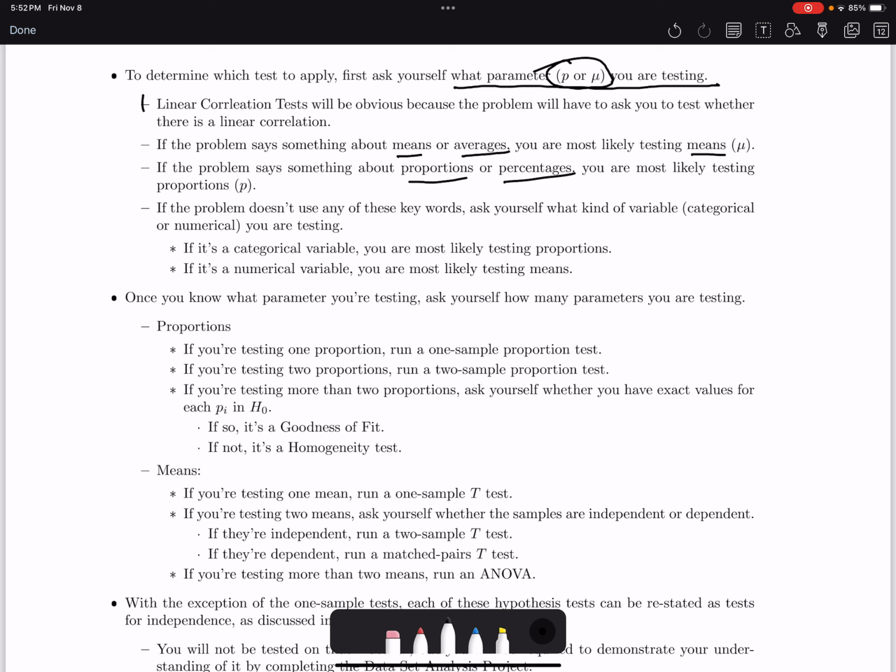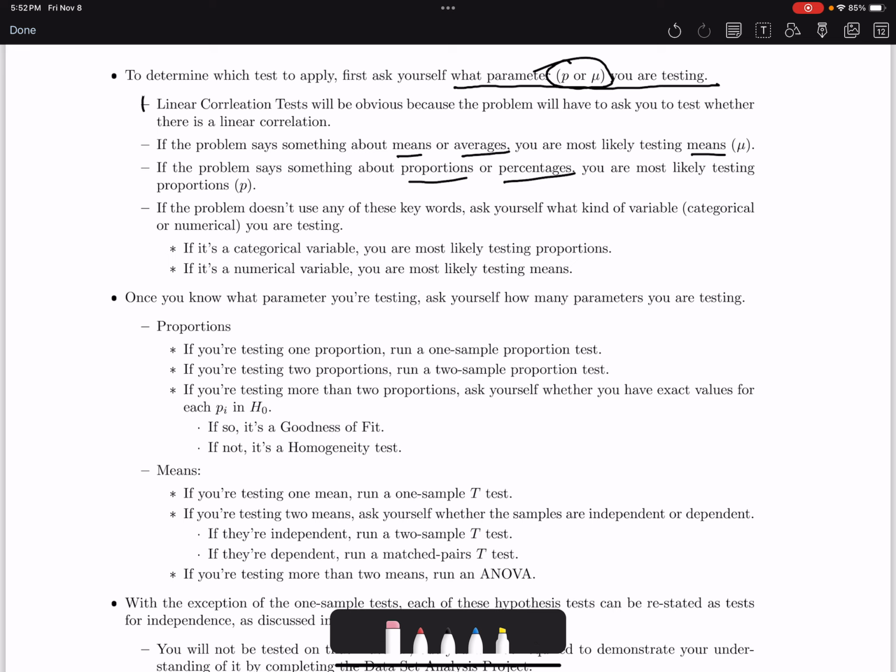And so you would not be able to test means. You wouldn't be able to calculate the mean of a categorical variable. You would most likely be testing proportions in that case, okay? So if you've got a categorical variable, then you're testing proportions. If you've got a numerical variable, then you're testing means, okay?